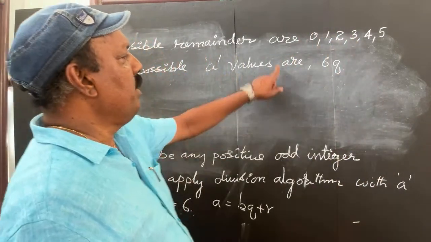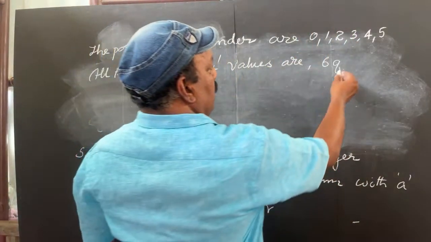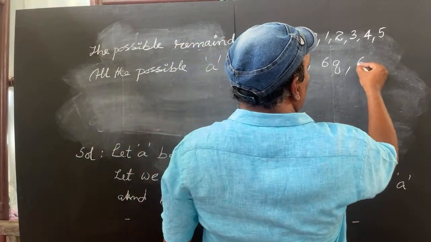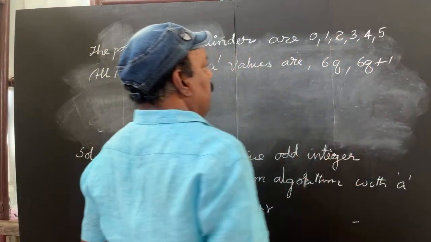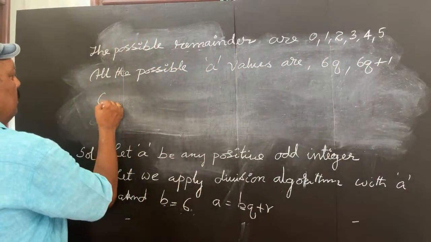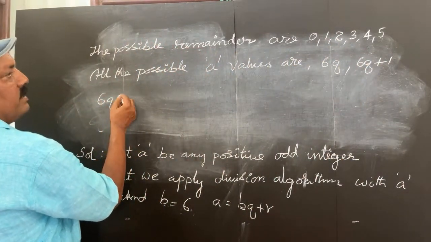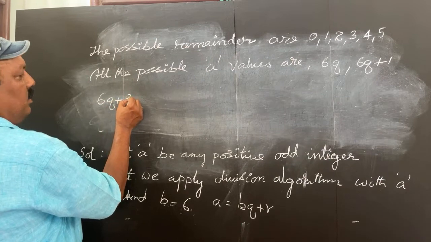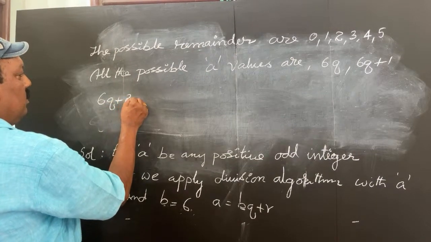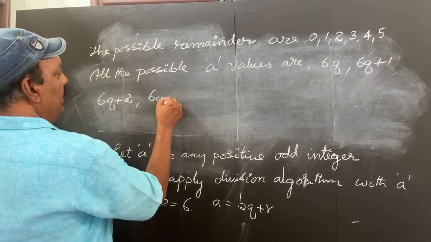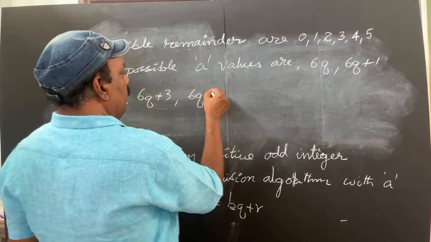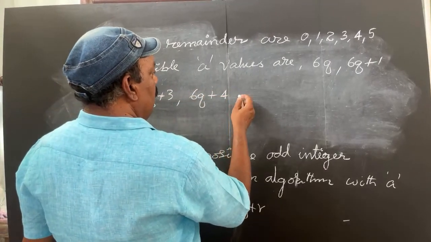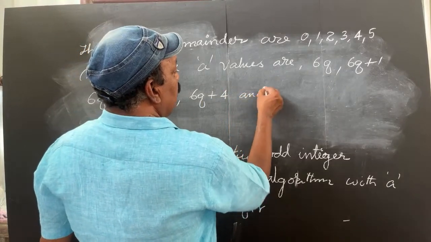According to the remainders I am giving the a values: 6 cube, second one is 6 cube plus 1, next 6 cube plus 2, 6 cube plus 3, 6 cube plus 4 and 6 cube plus 5.